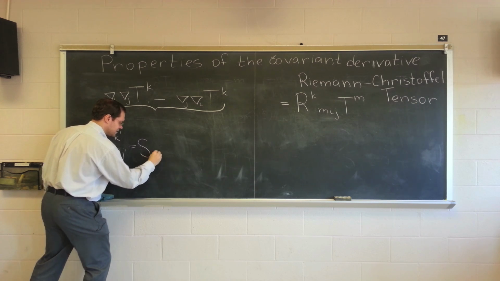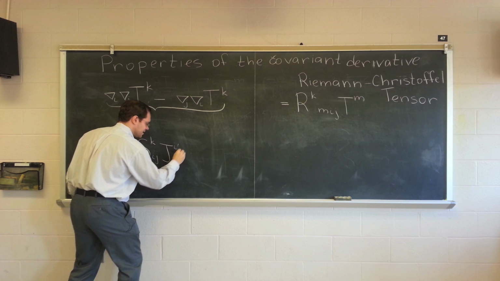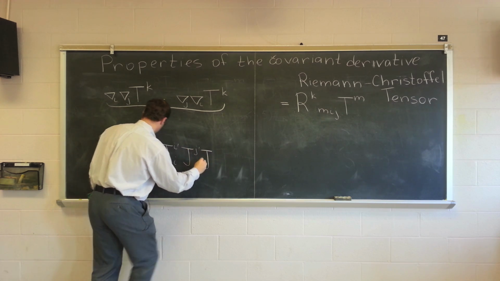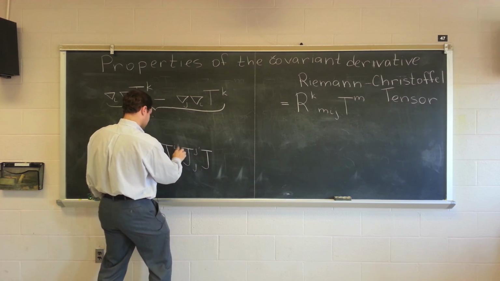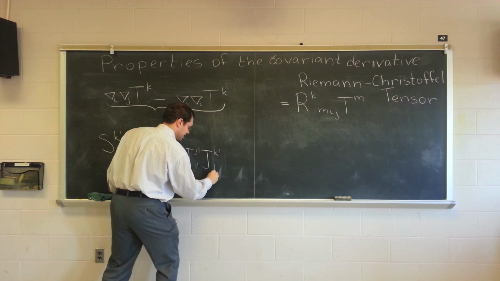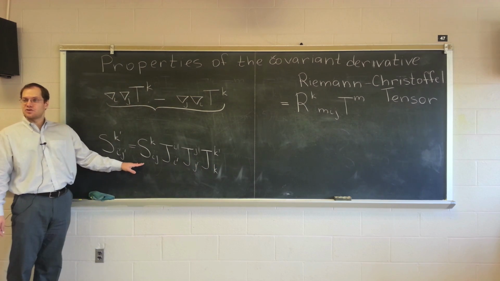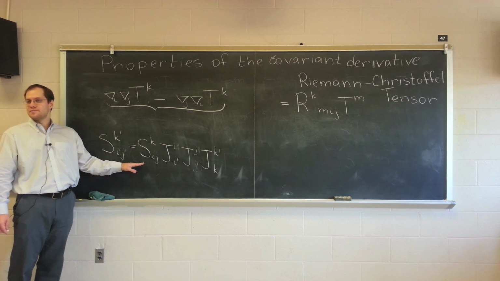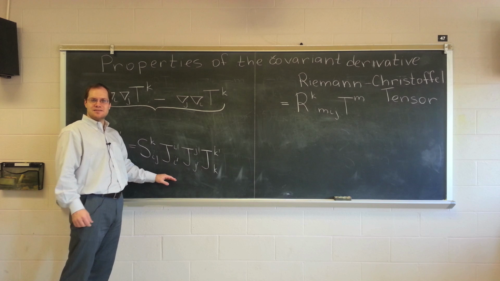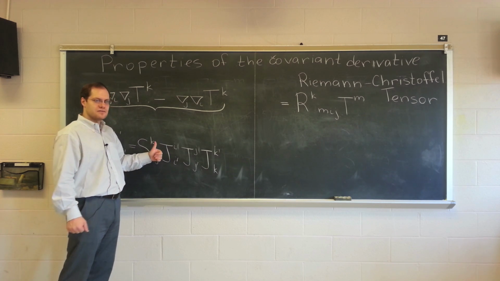S^{k'}_{i'j'} equals the Jacobians, of course backwards: the first two had to be reversed. I know that it changes according to this rule. It's a tensor. Okay, so we've built up all of that machinery to now be able to make these statements easily. Okay, great. It's a tensor.